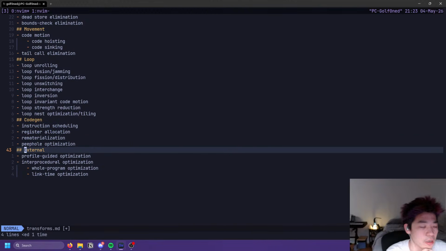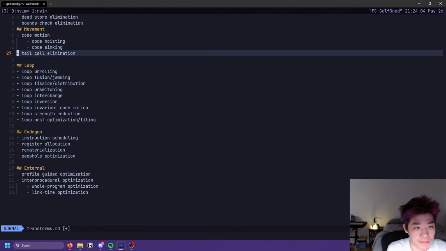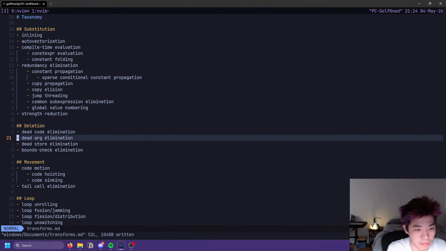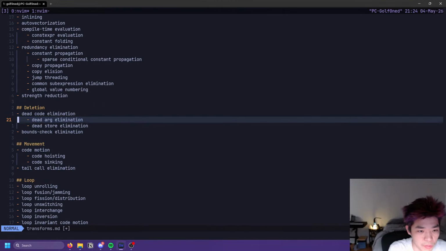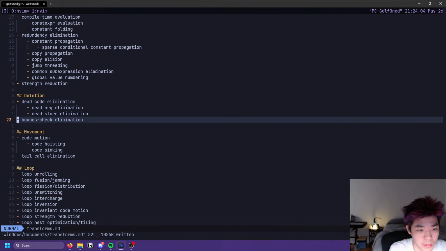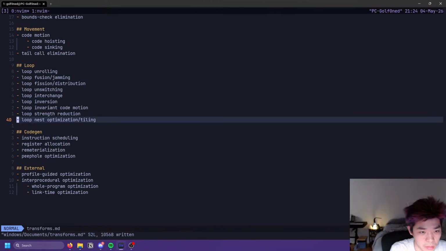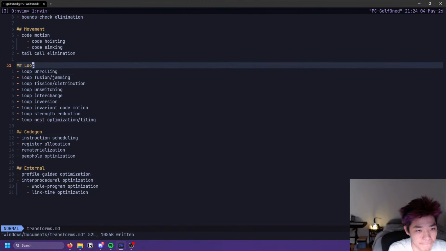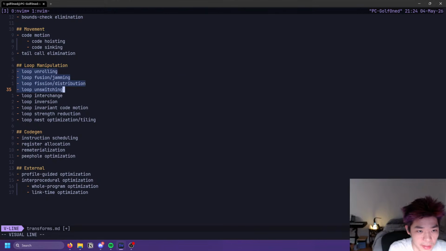Or what do we even call this? It's not really external. Maybe we could do that. I guess we could move some of this stuff around. I think this should be specifically loop intrinsic.